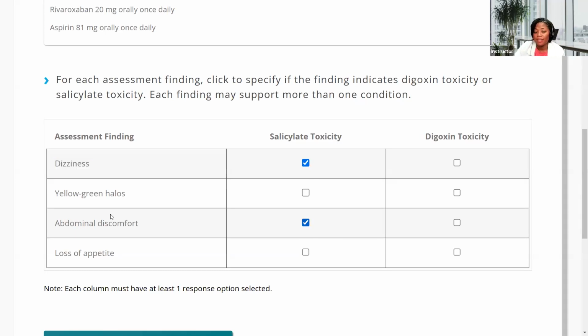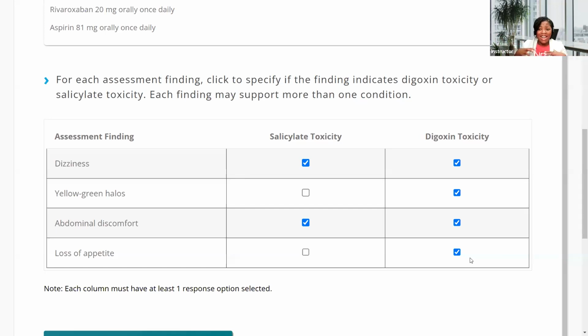That's it. You're not going to see a patient having yellow-green halos or loss of appetite with salicylate toxicity. But guess what? For digoxin, all 4 of these are your assessment data right there. All 4.